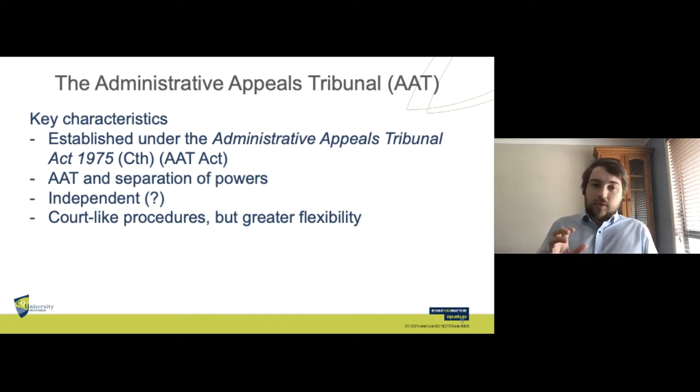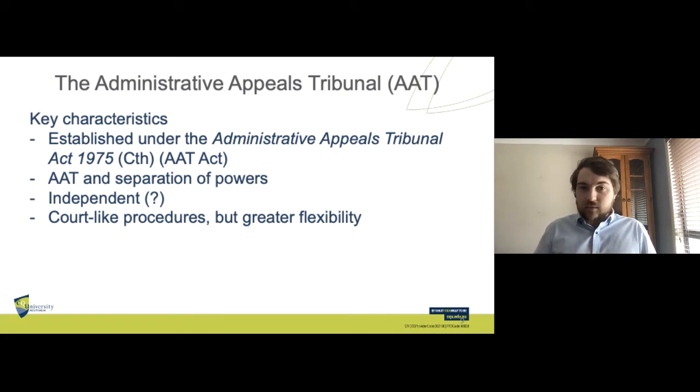That's quite important because the actual process of the AAT is very court-like. It has a lot of similar sorts of processes. A lot of the members of the AAT are judges, but they're not acting in quite that same judicial capacity.